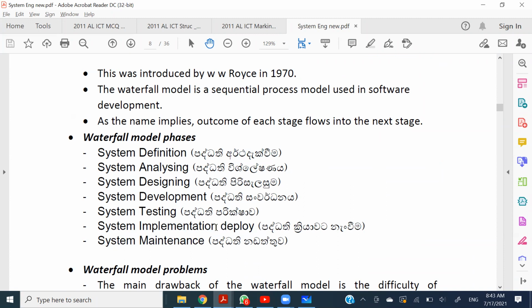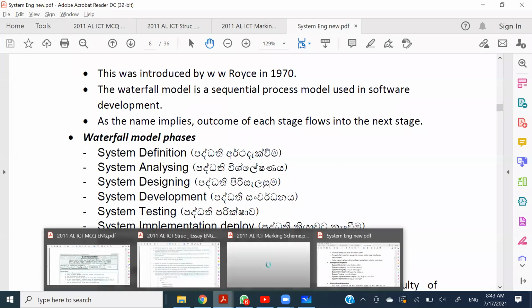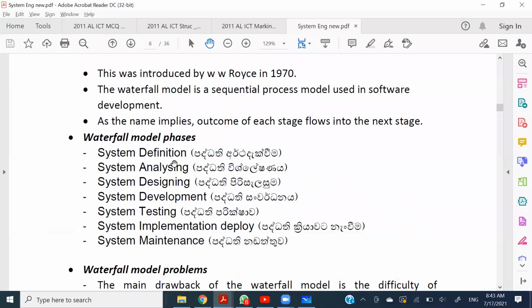Children, there should be a slash near implementation; I missed it. Those should be in your answer. All 7 steps should be included for the waterfall model.